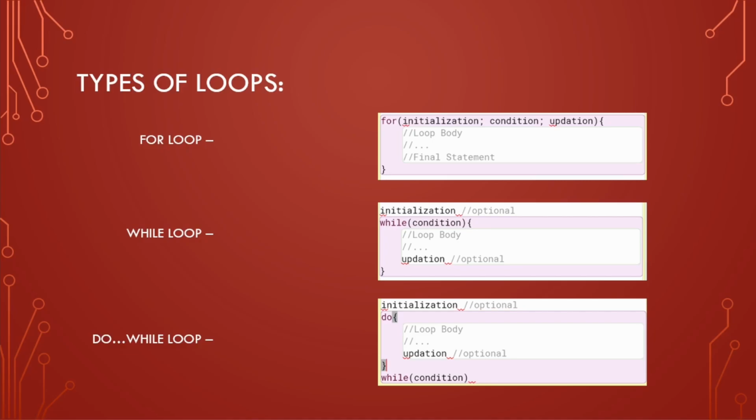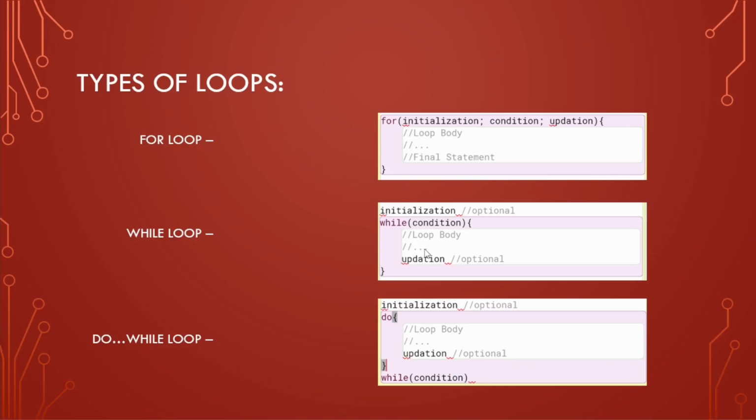In a while loop, things are a little different. We have our initialization outside of the loop. In a while loop, the initialization and the update statement are optional. It's also true for the do while loop and also for the for loop, but we'll get to that later.